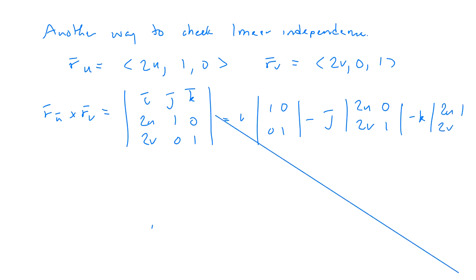Sorry about the extra line. Oh, that should be a plus. Thank you. So I get the 1 times I and 2u times j, and oh, I put something wrong, that last one.